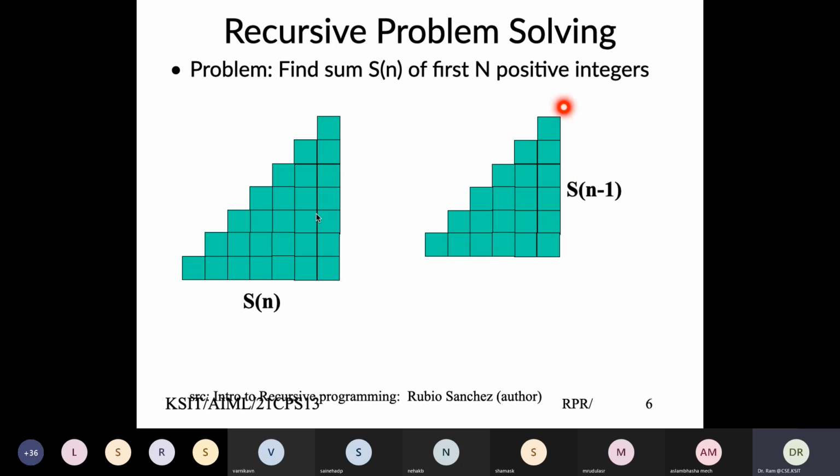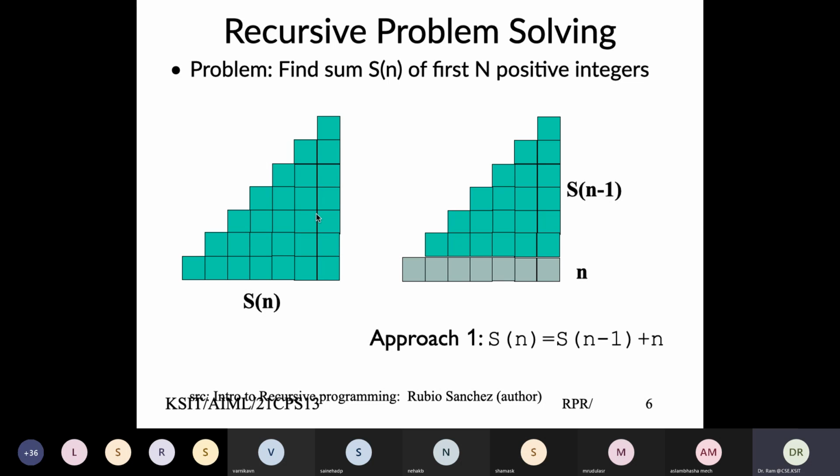So if I can find Sn minus 1, all I need to do is add this n to it, and I will get my answer. So I can write Sn is equal to solving a smaller problem, Sn minus 1, plus the n, because I know the last row is n squares, and this gives me my answer.